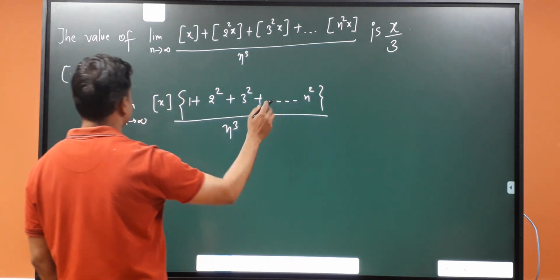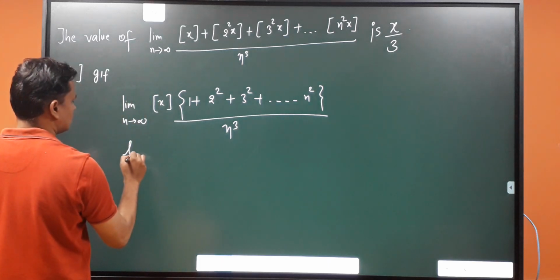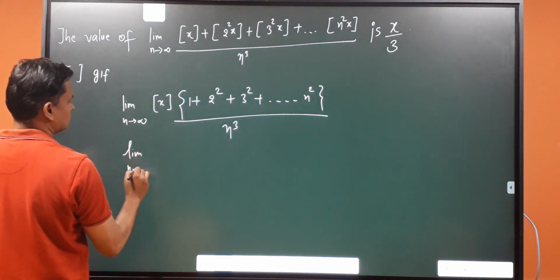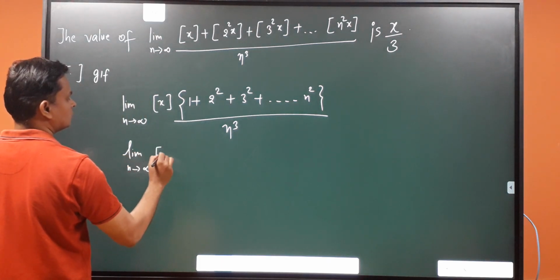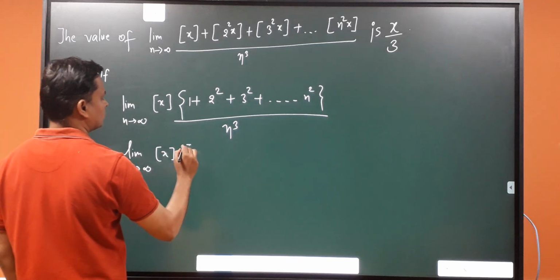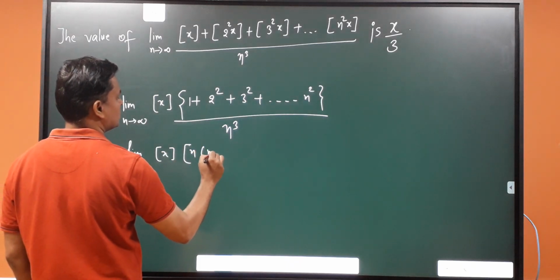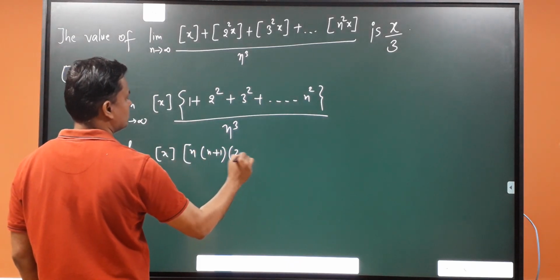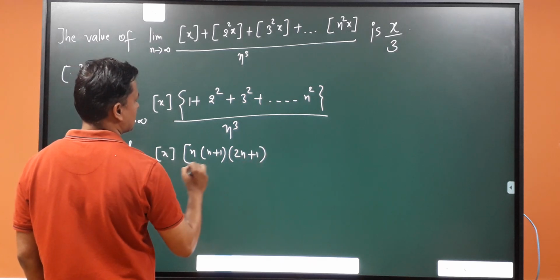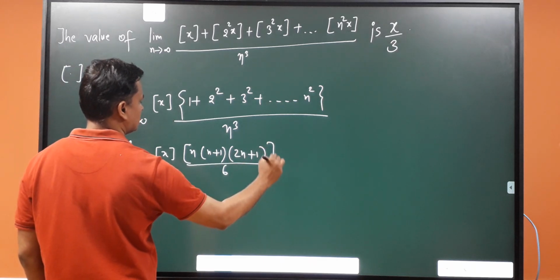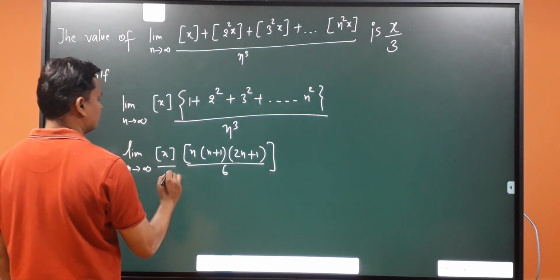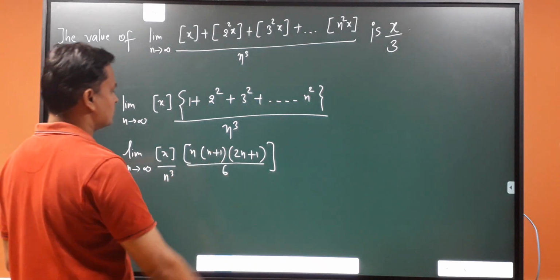So this is nothing but n into n plus 1 into 2n plus 1 by 6 upon n³. I hope you are aware of this particular thing.